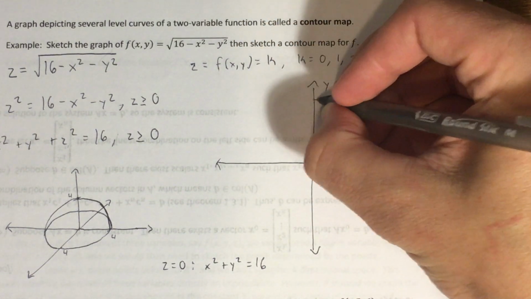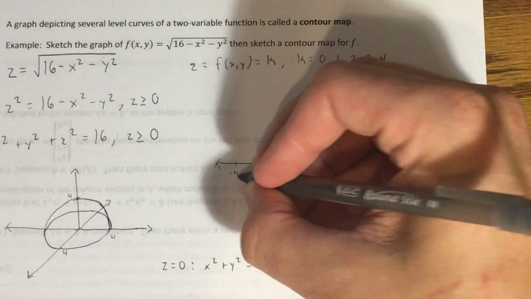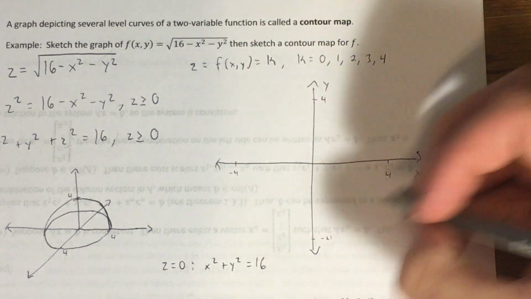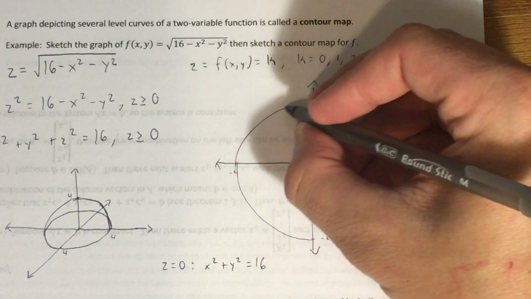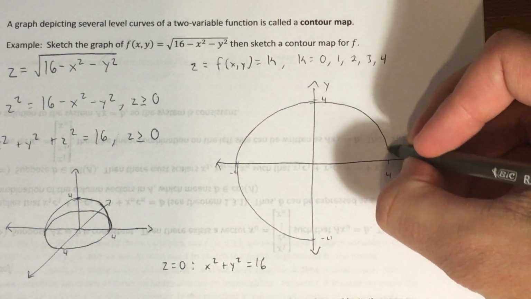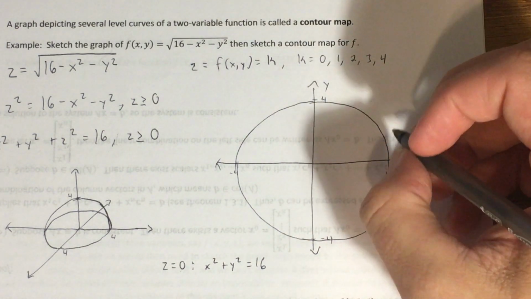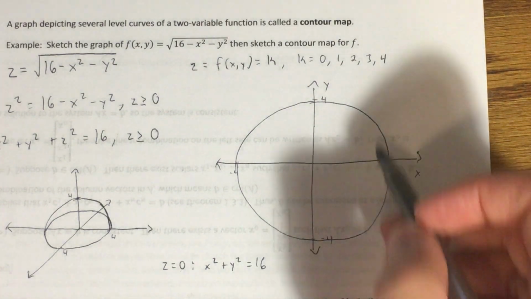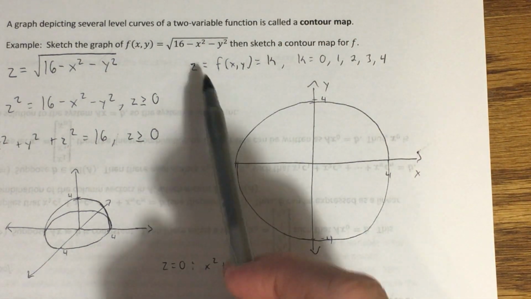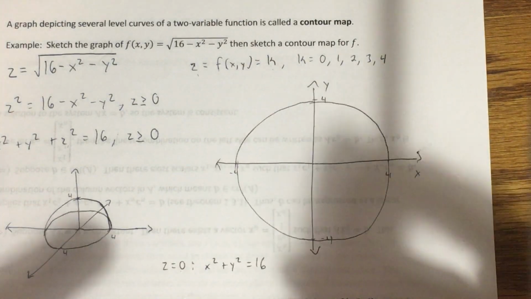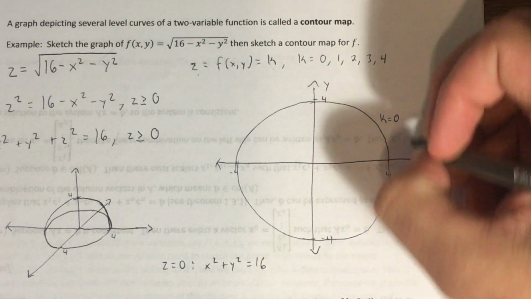So we've got 4, negative 4, like that. Now, what we typically want to do is put some label on here to indicate what value we were using for z, or we're actually going to call them k here. So this is where k was equal to 0.